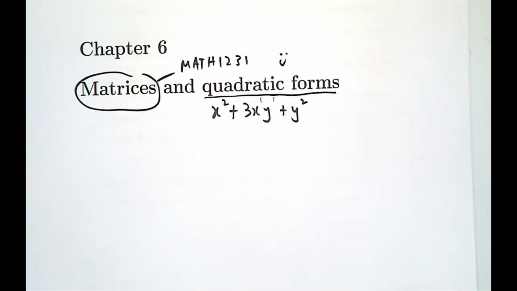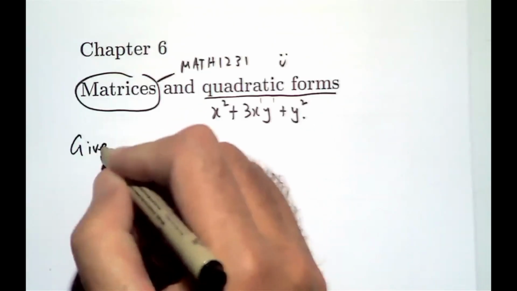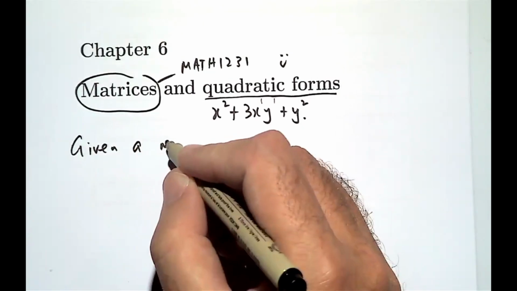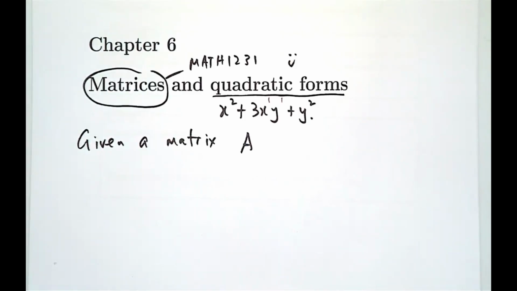All right, so let's briefly revise what basic matrix theory is. I won't spend a lot of time on this, I'll just make a couple of notes. Suppose you've got a matrix A, and it's a square matrix. Can anyone remember how you diagonalize a matrix?